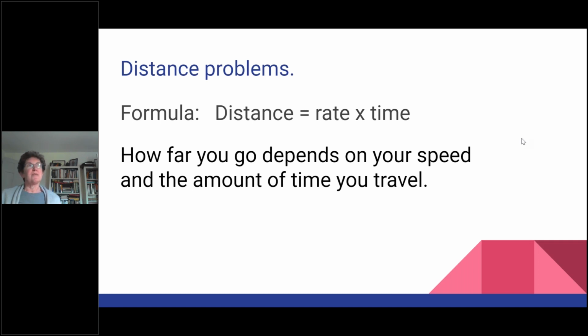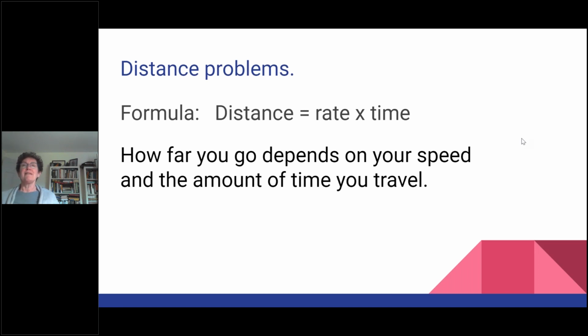So this spring, while we've been on lockdown, my husband and I have been taking walks, and we figured out that our rate is 20 minutes a mile. So if we walk for an hour, that's 3 blocks of 20 minutes. So 3 times 1 mile means that if we walk an hour, we're walking 3 miles.